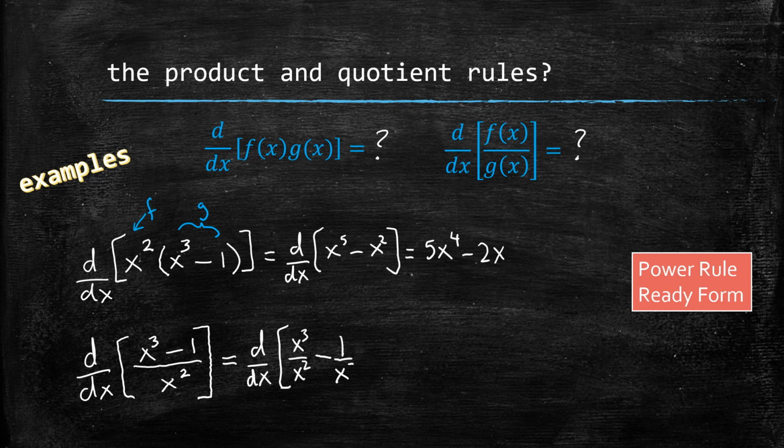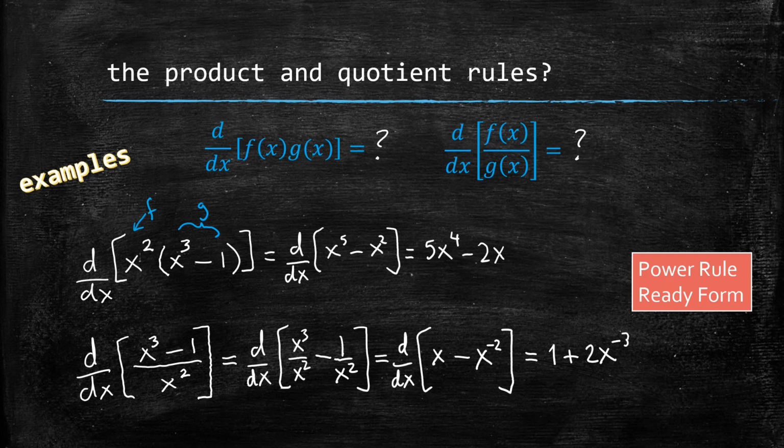So I first distribute the x squared into both terms in the numerator, and I'm still not ready, so I keep that d by dx, and x cubed over x squared simplifies to x, minus x to the minus 2. And now I can take the derivative, so that would be 1 by the power rule plus 2x to the minus 3. So those I can manage.